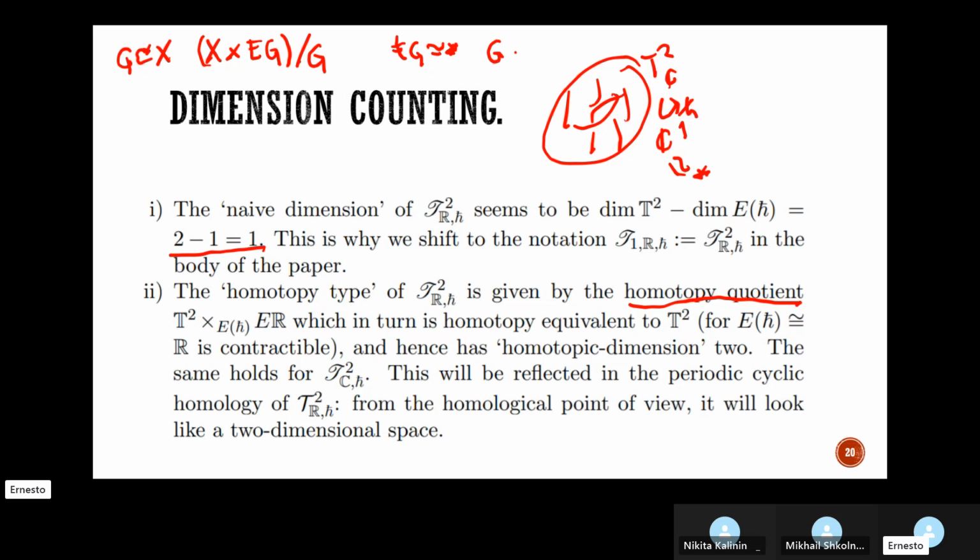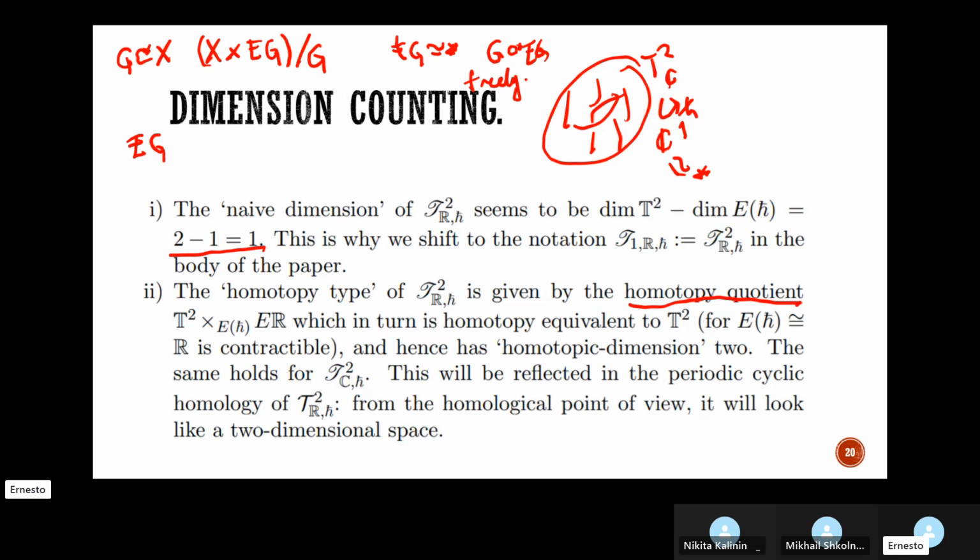But G acts on EG freely. It's a free action. Well, in the case of an R action, the computation of EG for G is an interesting thing in general.